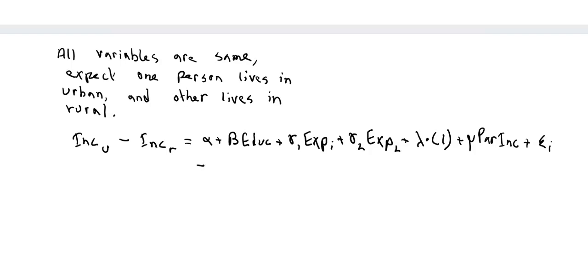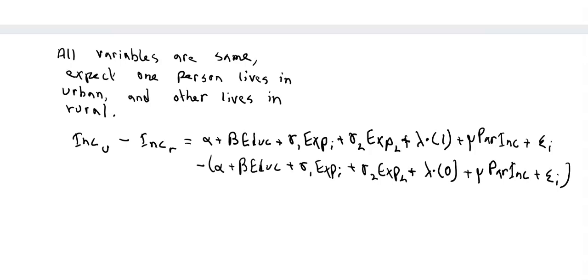Now we are subtracting that from alpha plus beta education plus gamma 1 experience and so on, everything for the rural person. If you notice, for the urban person the coefficient lambda is multiplied by 1. For the rural person, the coefficient is multiplied by 0.